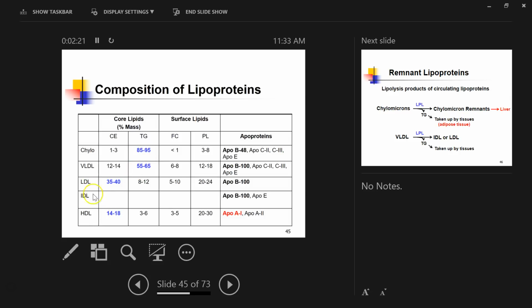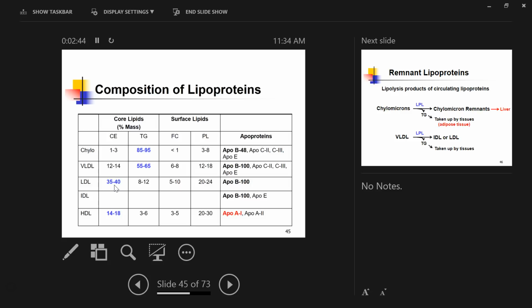And LDL and HDL are the cholesterol-rich lipoproteins. 55. Which lipoproteins are termed triglyceride-rich lipoproteins? Just described, right? Chylomicron and VLDL.